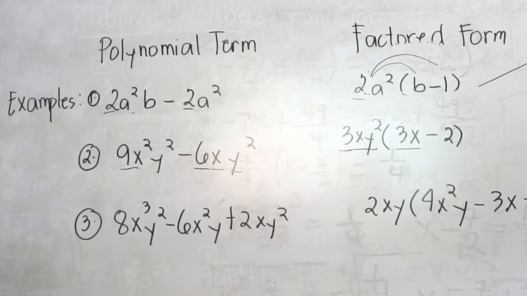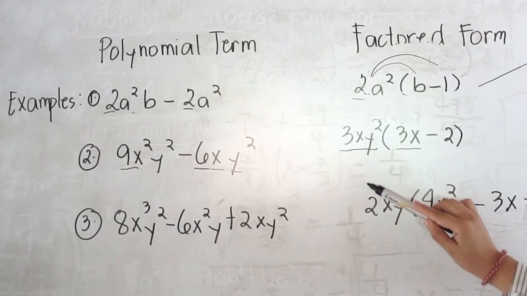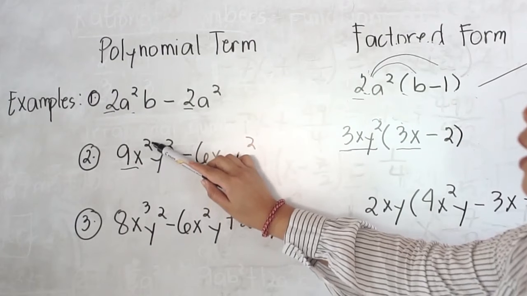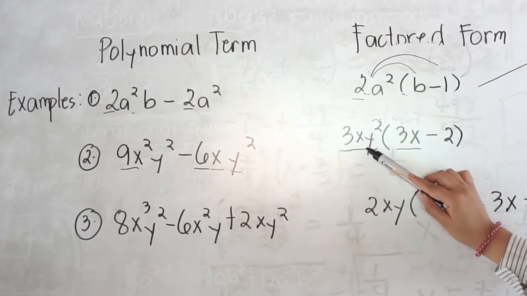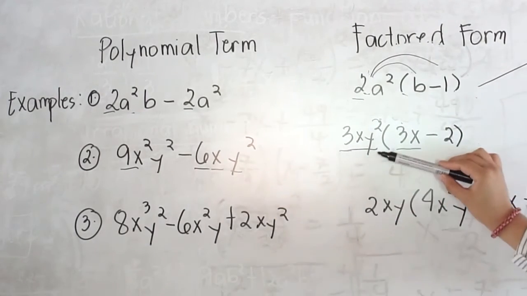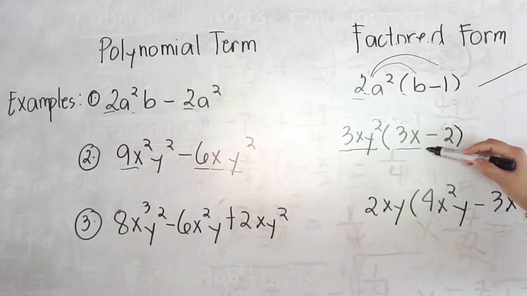So we have to divide the first term. Let's go one by one. 9 divided by 3 is 3, and x squared divided by x is x to the power of 1, but we can just write it as x. And then y squared divided by y squared is gone, so we no longer put it.